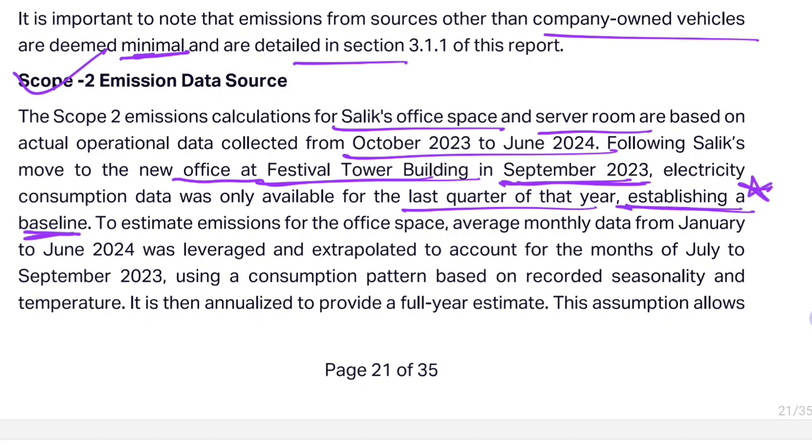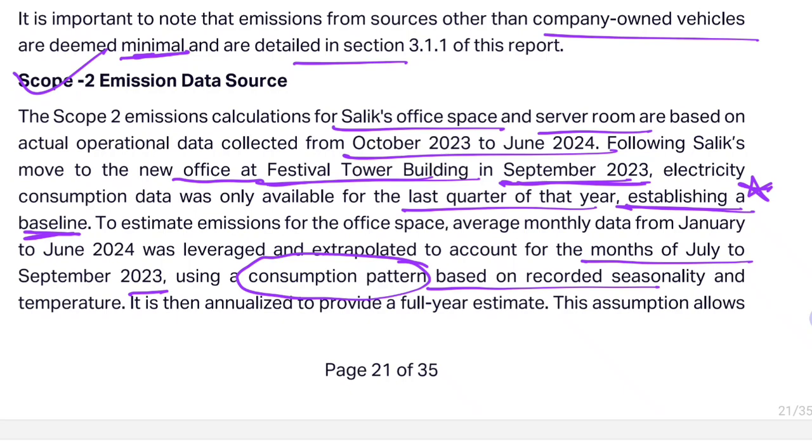Establishing baseline at that time. So to estimate emissions of the office space, average monthly data from January to June was leveraged and extrapolated to account for the months of July to September 23, meaning a consumption pattern based on recorded seasonality and temperature also.